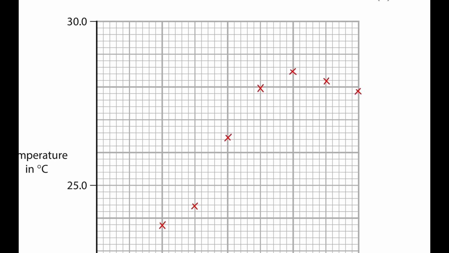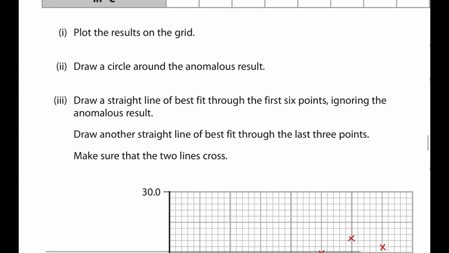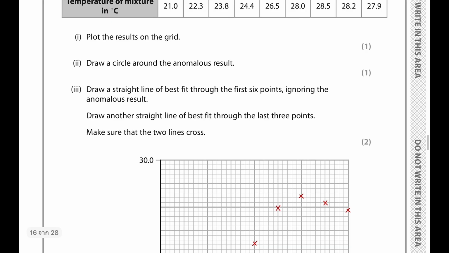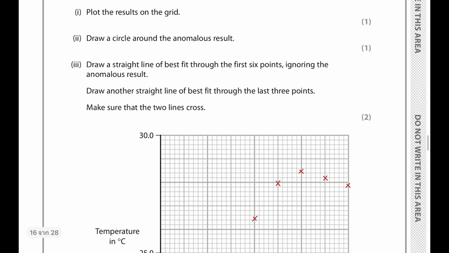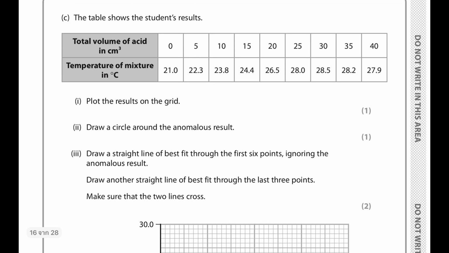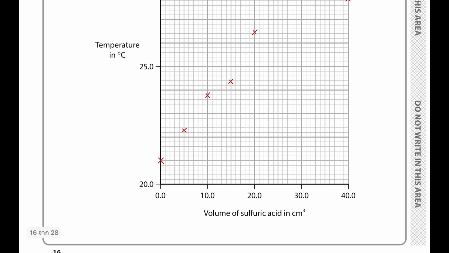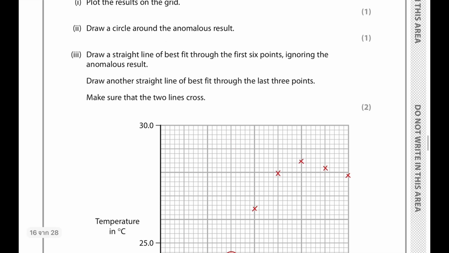Okay, and then draw a circle around the anomalous result. So the anomalous result will be at 15. This one is the anomalous result.